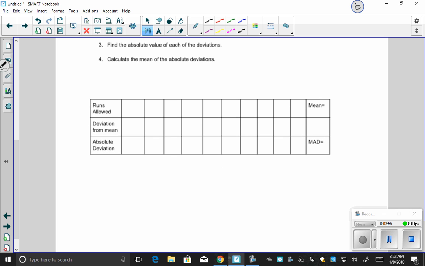So right here, I'm going to put in the values of the performances, or the runs allowed, which was 4, 2, 4, 6, 6, 6, 12, 1, and 7. And put your mean right here.